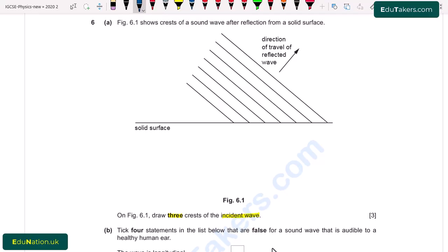To draw the incident wave, we have to follow the following steps. First of all, we have to draw the normal at each crest. After drawing the normal, we have to identify the angle of reflection.